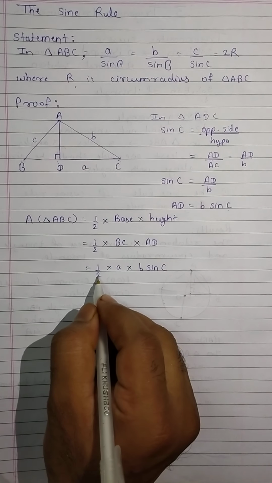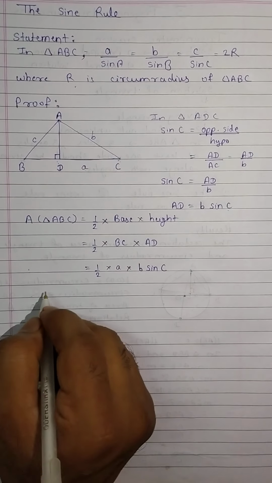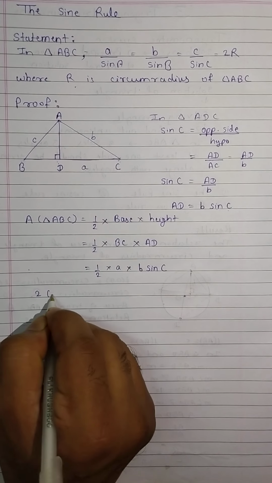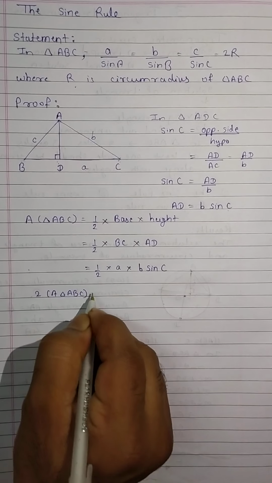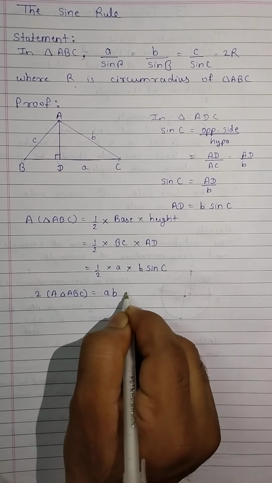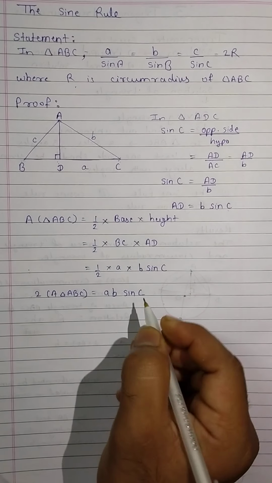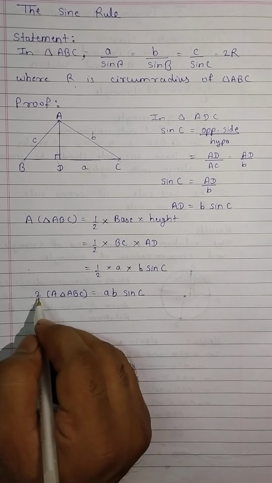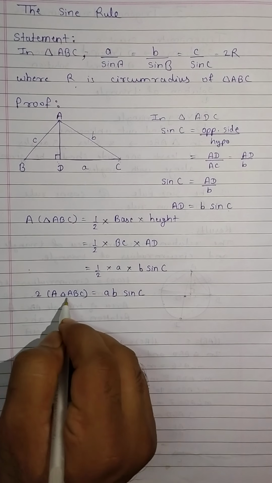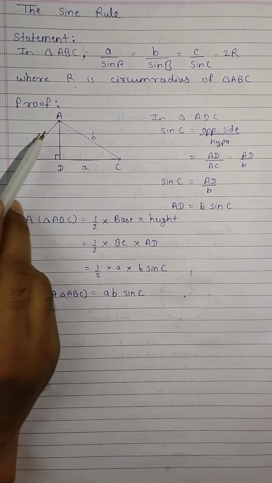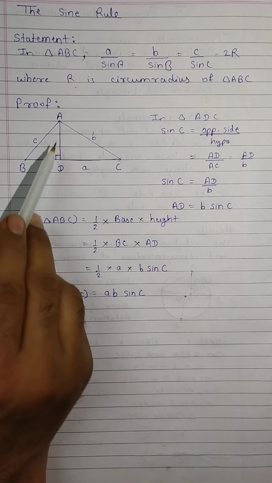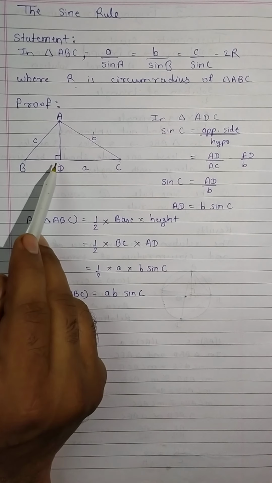We will transfer this 2 on left hand side. So we got 2 into area of triangle ABC is equal to ab sin C. Now we got this ab sin C as 2 into area of triangle, as we have taken perpendicular from A on BC, which is AD.